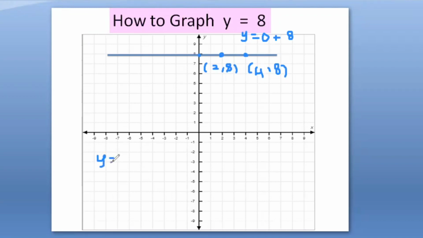The slope formula is the change in y, y2 minus y1, over the change in x, which is 4 minus 2. So here we got 0. When we divide 0 by any number, we get 0. So it is confirmed that the slope is 0.